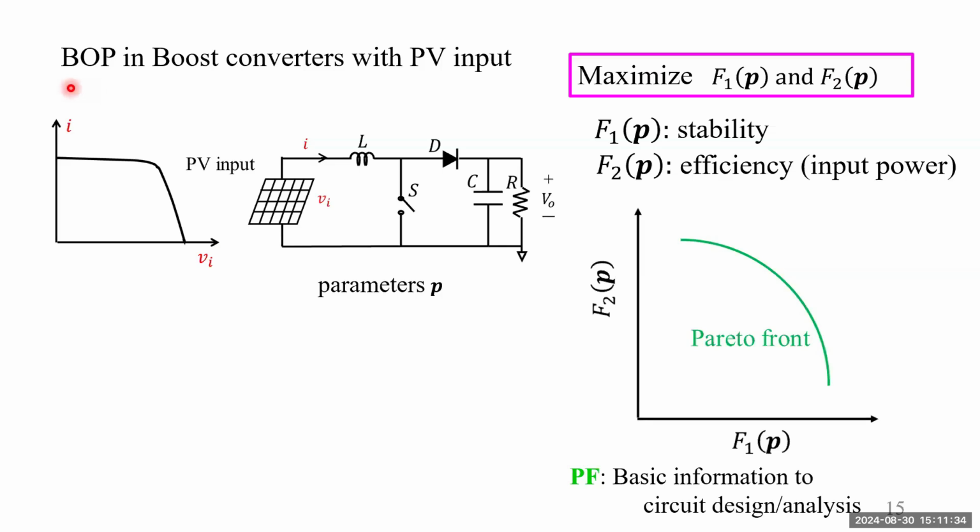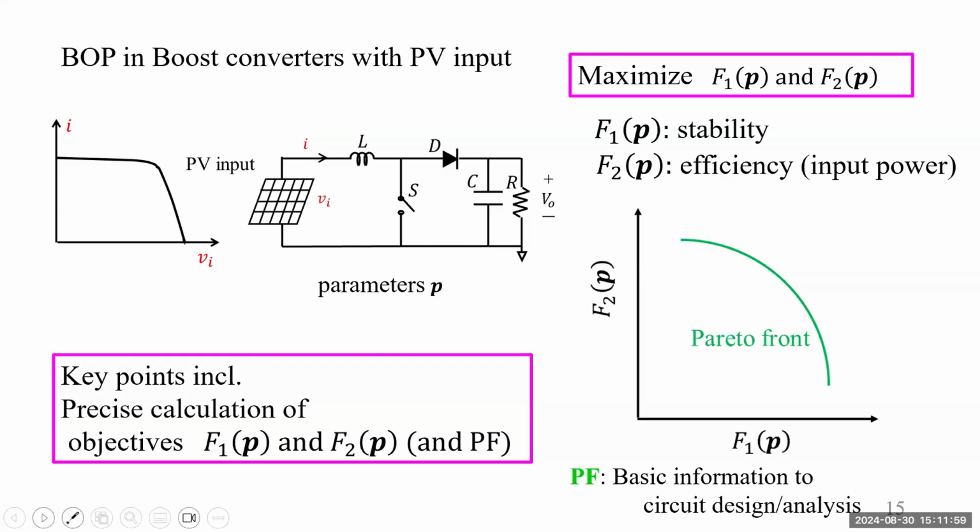Then we consider the BOP of boost converters with PV input. Maximize two objectives. The first objective is stability, and the second objective is efficiency. Detailed definition is given afterward. And the Pareto front gives basic information for circuit design and analysis.